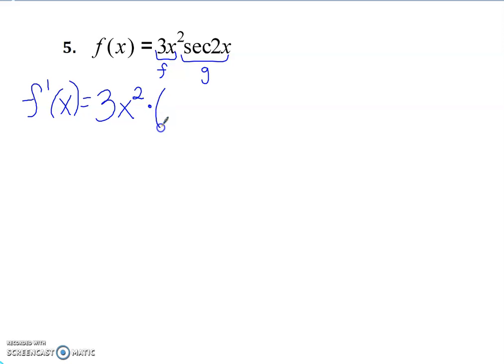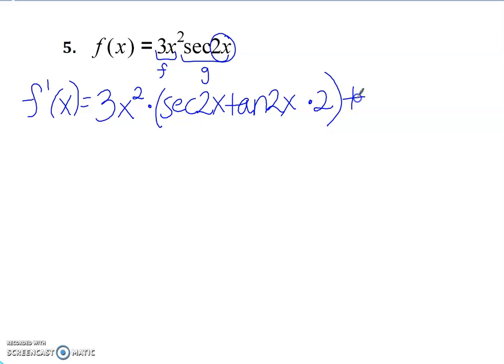So I'm first going to do secant x tan x, that's the derivative of the secant. And then I have to do the derivative of what's inside secant, which is just going to be 2. Plus, then I take the derivative of f, which is going to be 6x, and then I multiply that by what we're calling g, which is secant 2x.